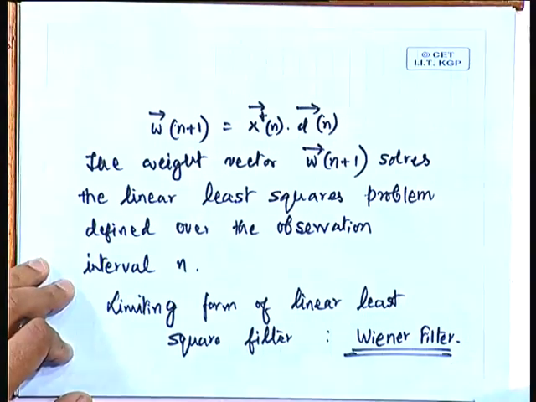In fact, we are going to obtain this limiting form as n tends to infinity, but in this case the assumption that we have to make is that if you are taking this x and d to be a random process, because x is the input, d is the desired response, then we have to assume that this is following an ergodicity property.